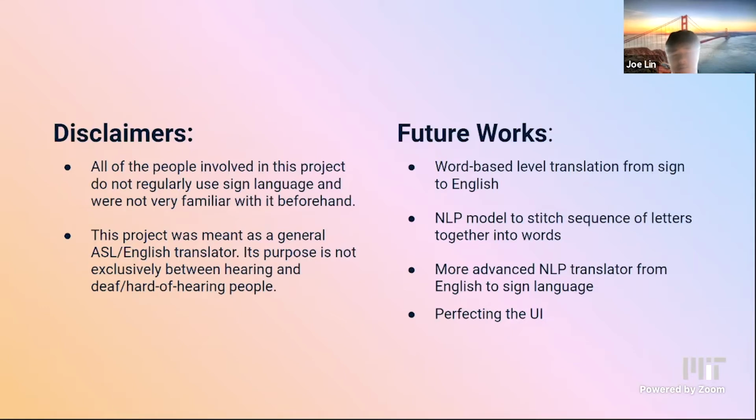So instead, for one of our future works, we plan to implement some sort of transformer based network architecture so that we can better convert text to sign language. And we'll also be working on perfecting the UI, which we unfortunately cannot show today because my screen share apparently doesn't work. All right, thank you so much, group of pandas.